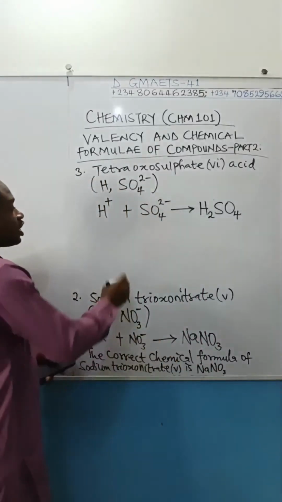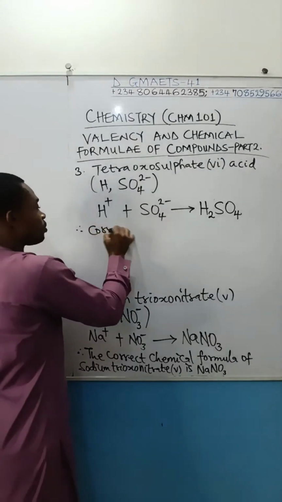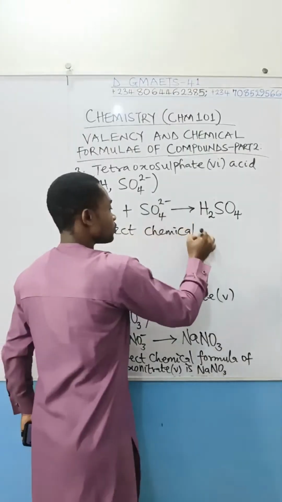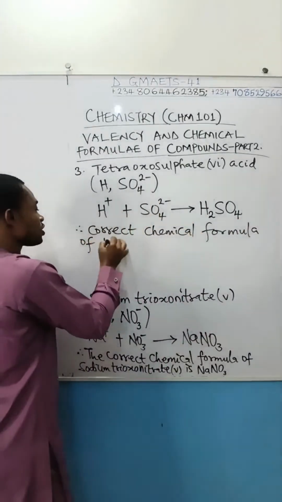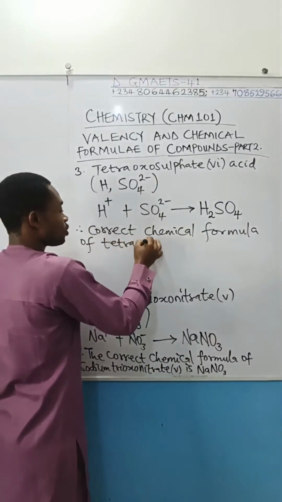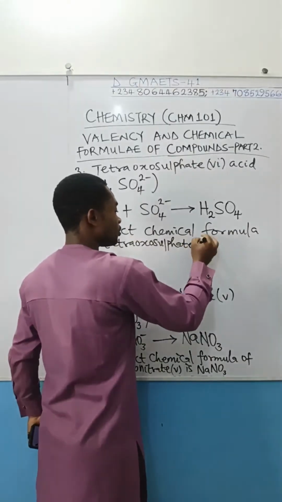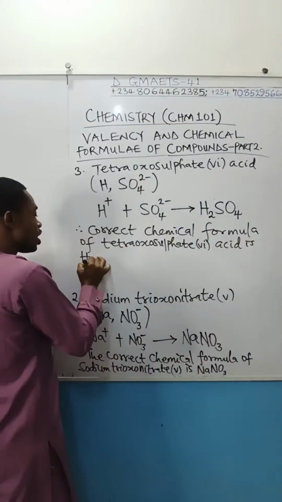Now, let us move on. The correct chemical formula of tetraoxosulphate 6 acid is H2SO4.